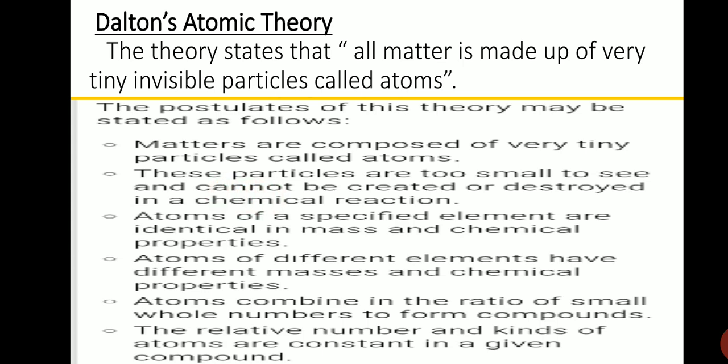So, laws of combination, the first law: matter can neither be created nor destroyed in a chemical reaction. The third postulate is atoms of a specified element are identical in mass and chemical property. A particular element consists of atoms of the same kind.